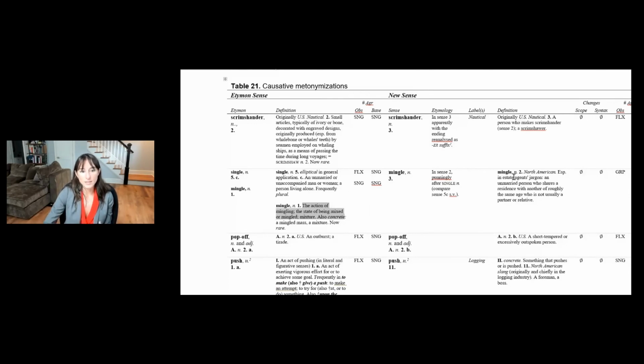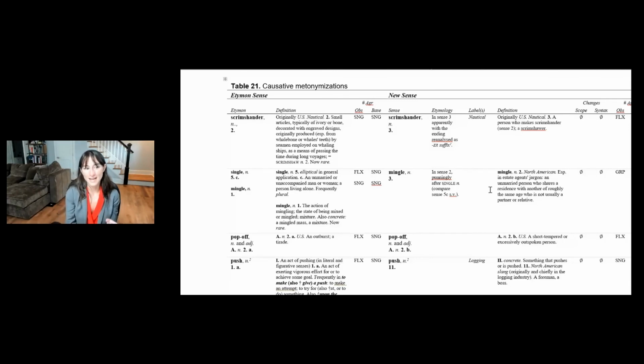But there is a sense also, and there's an etymological note here in sense two, punningly after single, noun. And that sense here is of an unmarried or unaccompanied man or woman, a person living alone. And so what you're seeing is, it's not exactly as the question implies, of the outside associations and applications, and in a Wittgensteinian sense, language is use.